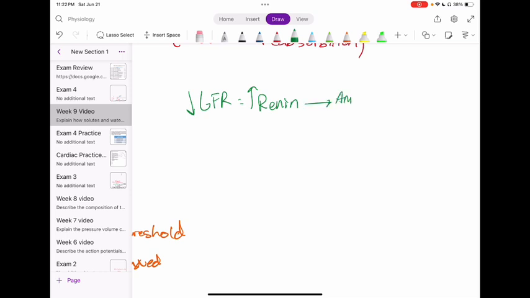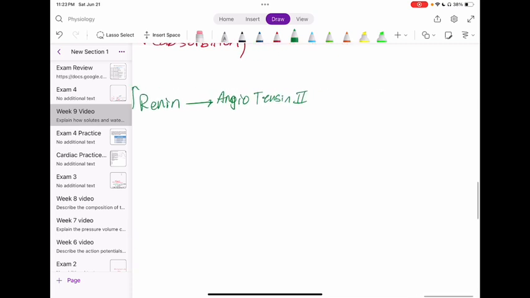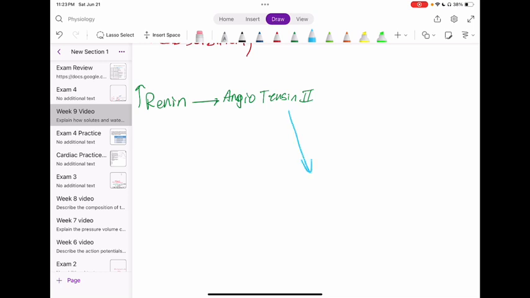That produces angiotensin 2. Angiotensin 2 produces aldosterone.